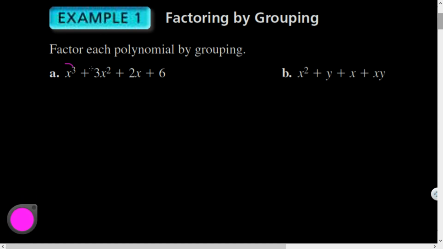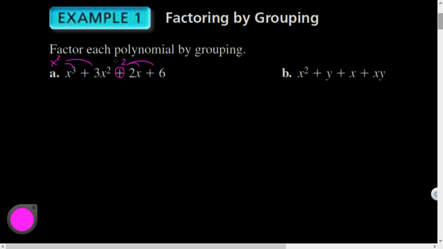Here we go. For this part, yoink, yoink. What can I steal out of these? Looks like an x squared. Remember, I can only steal what the poorest term can afford. And between these two, I could steal what goes into 2 and 6. What divides into 2 and 6? 6 doesn't fit into 2. 2 does, though.